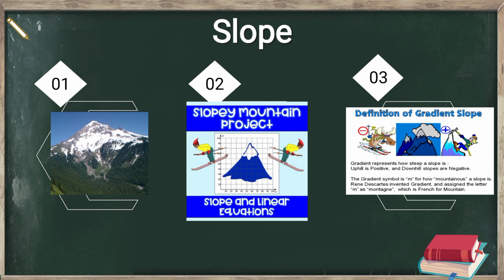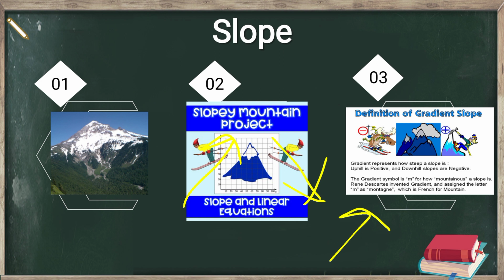So, we have this one. The definition of a gradient slope, okay? It represents how steep the slope is. Uphill is positive and downhill slopes are negative. So if going up is positive and going down is negative.